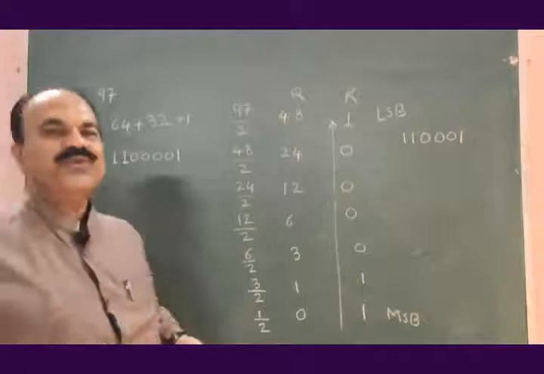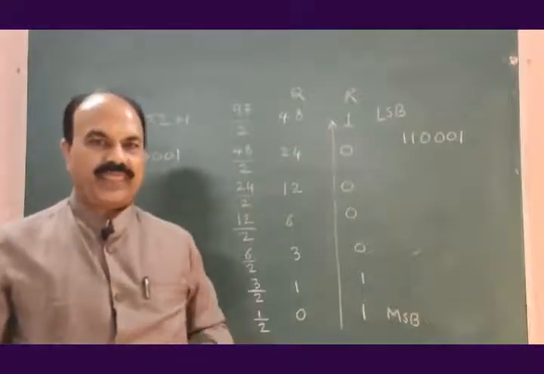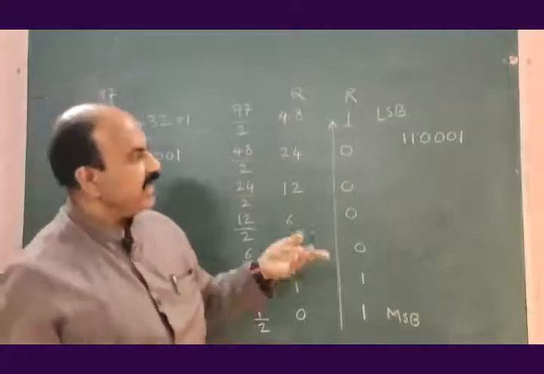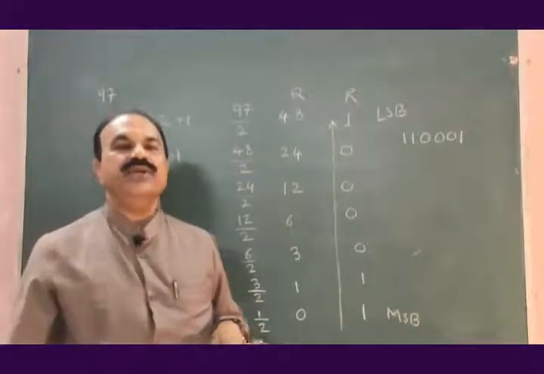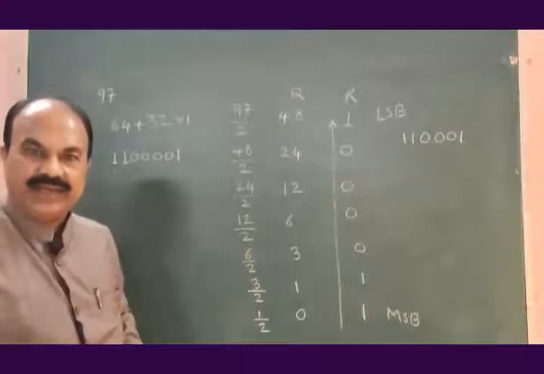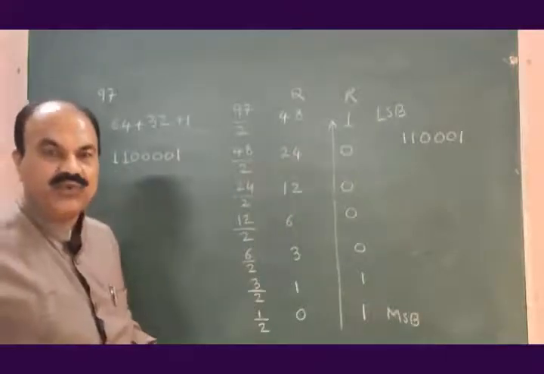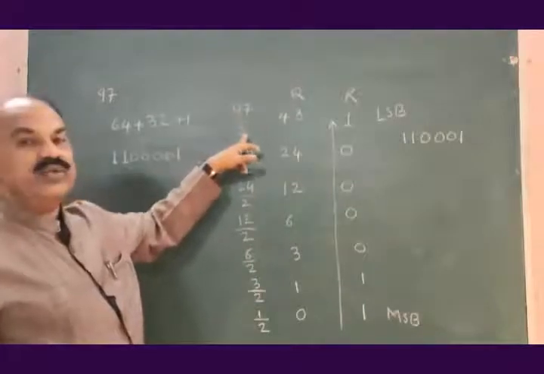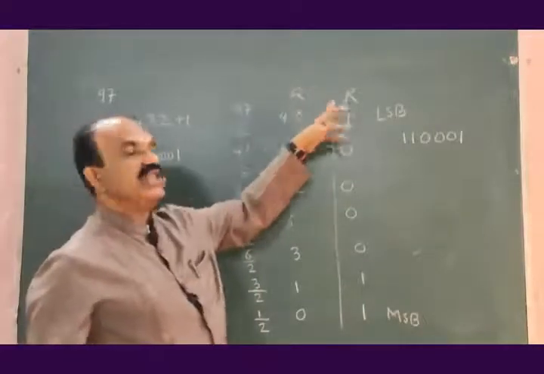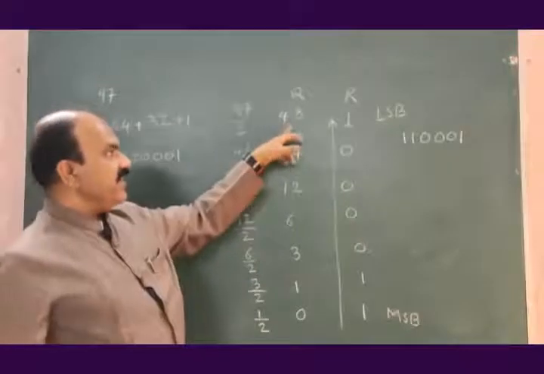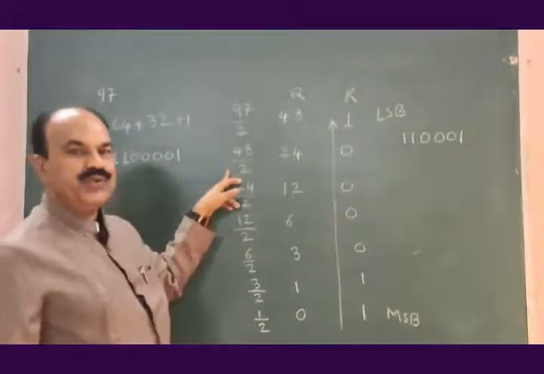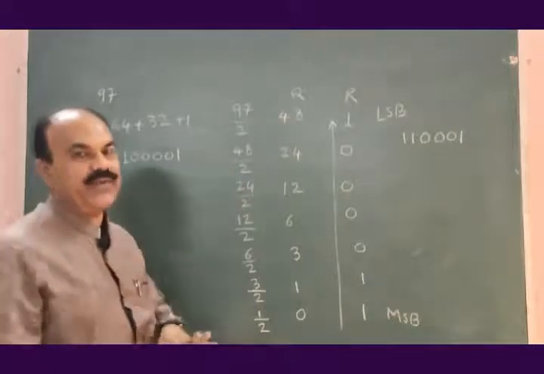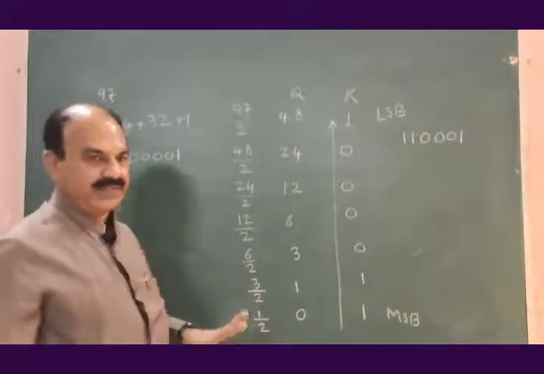This is how we can convert any given decimal number into its equivalent binary number using the double table method. What to do in the double table method? Divide the given number by 2, note quotient and remainder. Divide this quotient again by 2. Remember, this division is integer division, so there won't be any fractional part.